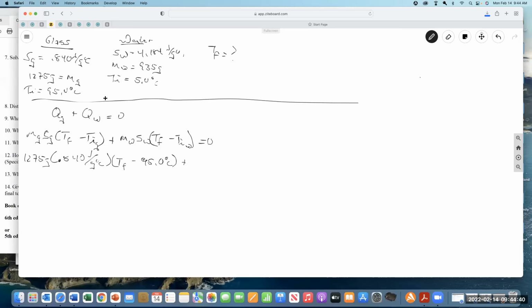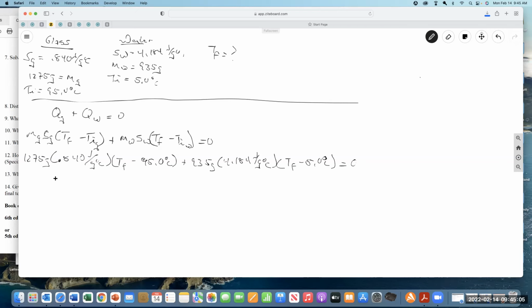All right. The mass of the water is 935 grams. The specific heat of water is 4.184 joules per gram degrees C. And then TF minus 5 degrees C equals 0.